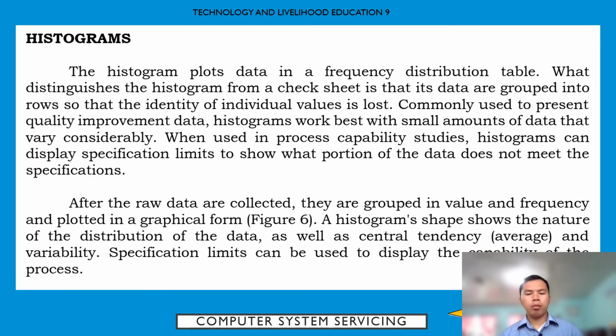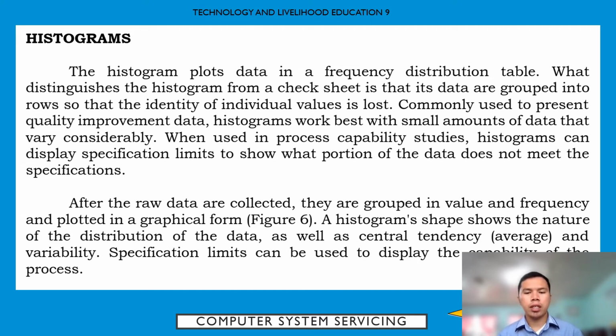The next is what we call the histogram. The histogram plots data in a frequency distribution. What distinguishes the histogram from a check sheet is that its data are grouped into rows so that the identity of individual values is lost. Commonly used to present quality improvement data, histograms work best with a small amount of data that vary considerably.